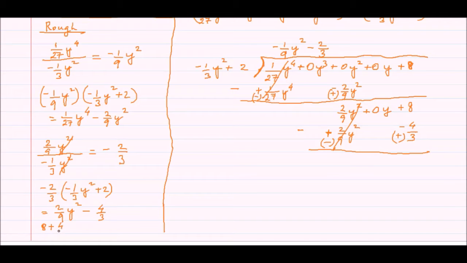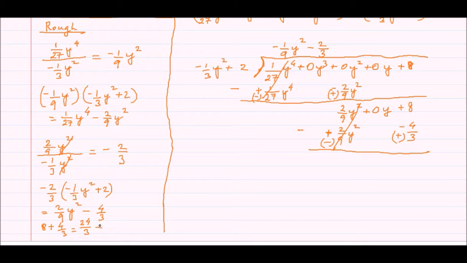8 plus 4 by 3 is equal to, let us convert this whole number to an equivalent fraction containing 3 as the denominator. So if we write this, 8 can be written as 24 by 3 because 24 divided by 3 gives us 8.